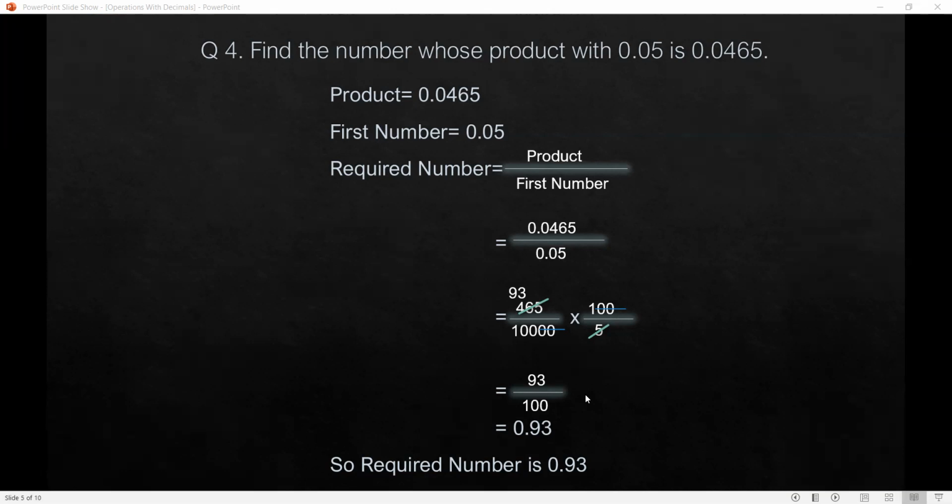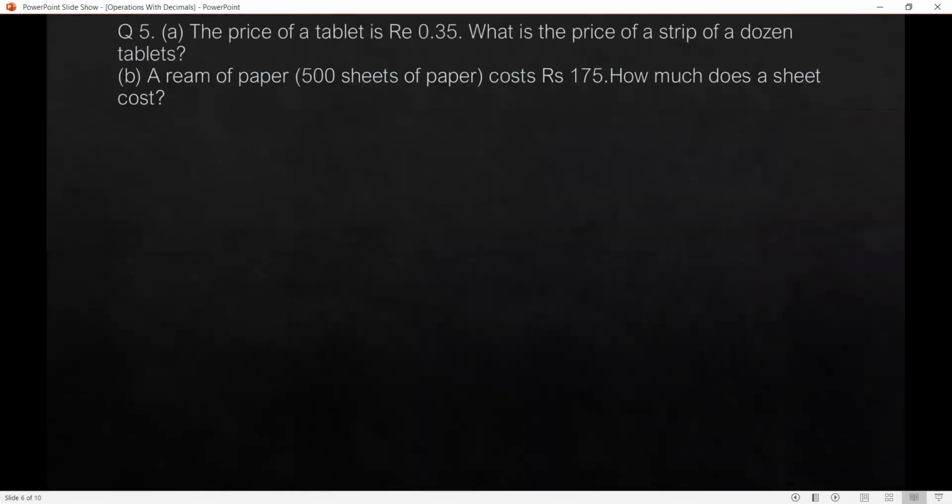There are 2 zeros in the denominator with 1, so we put the decimal point after 2 digits, counting from right to left. So our answer is 0.93. So the required number, the second number of the multiplication, is 0.93. In this way, if one number and the product are given, we can find the next number by dividing.